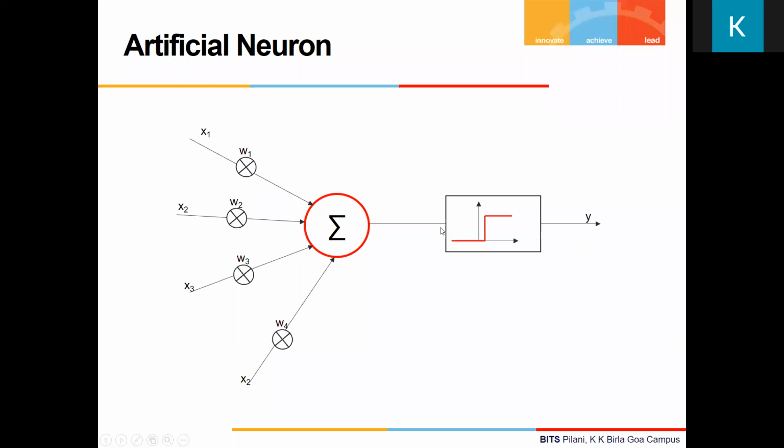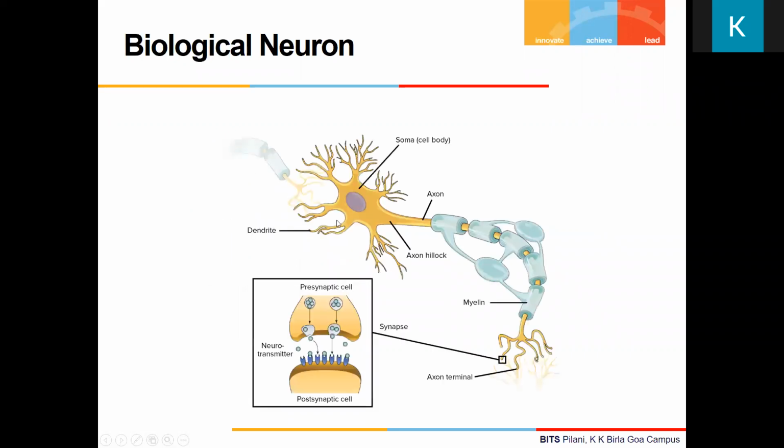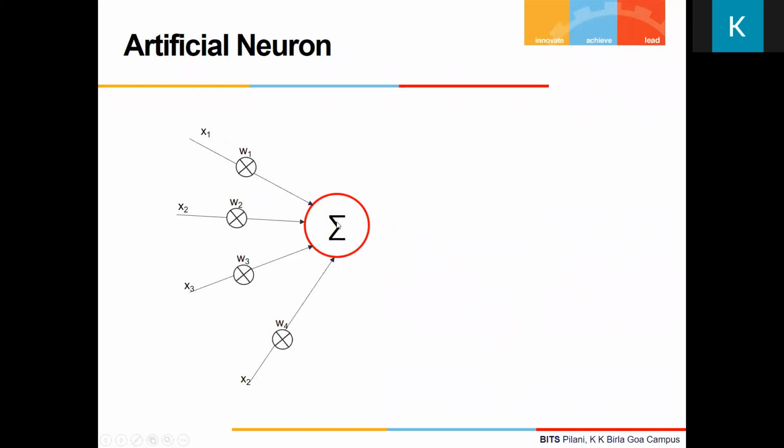If the value is below that threshold value, my output will remain low. So basically, this is the artificial neuron corresponding to this biological neuron, and our aim is to implement this neuron. First I'm going to discuss how we will implement a single neuron, and later, by combining many neurons, we can build our entire network.